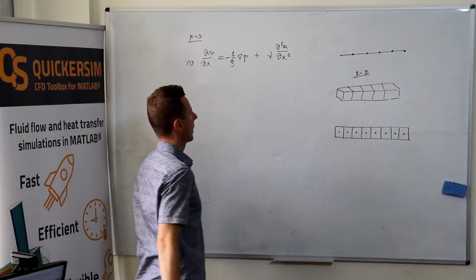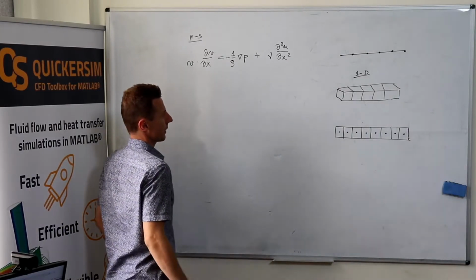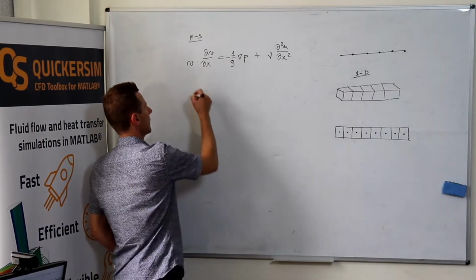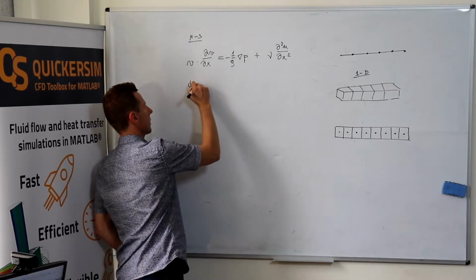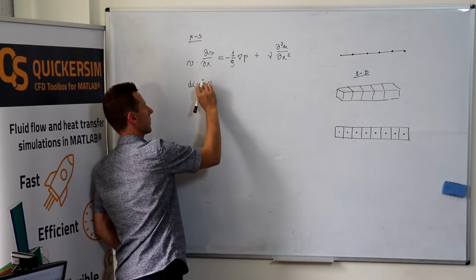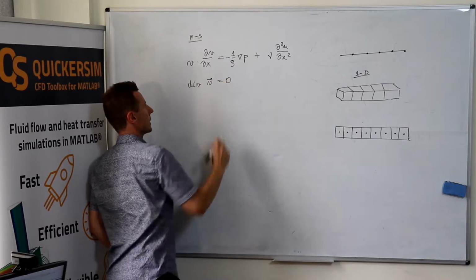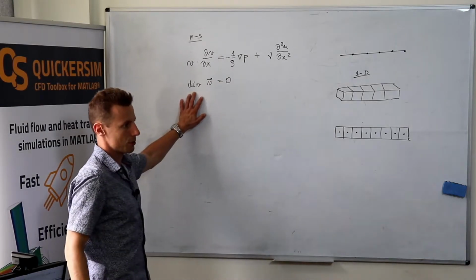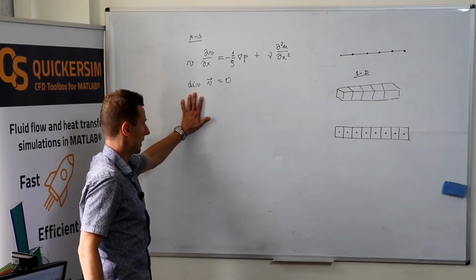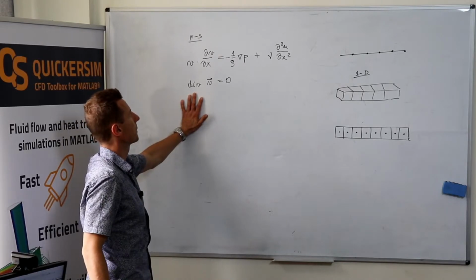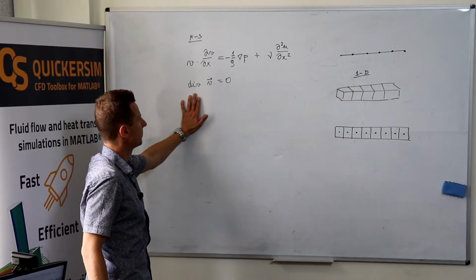And the other thing that we have is the requirement that the divergence field must vanish. So what can happen here is just see.